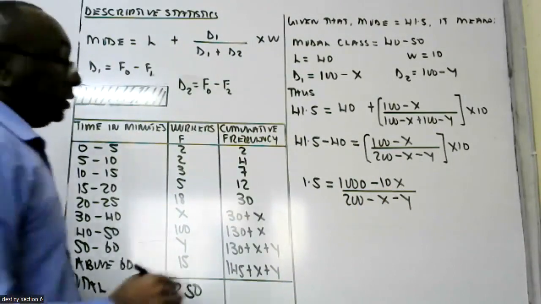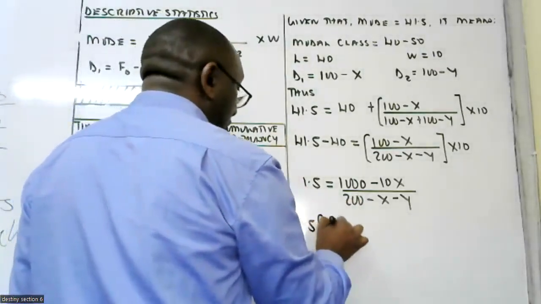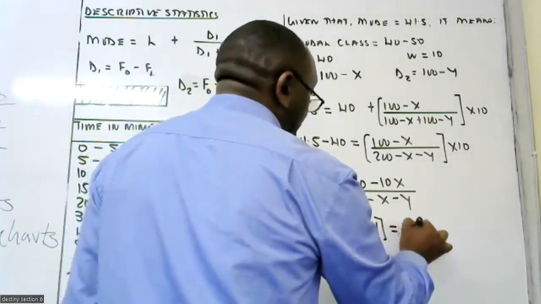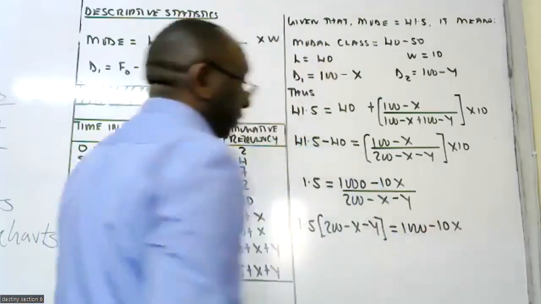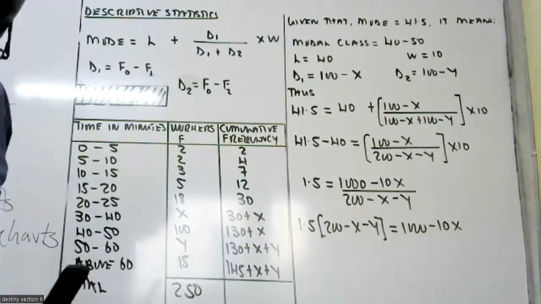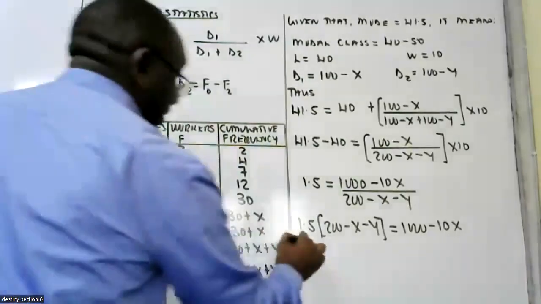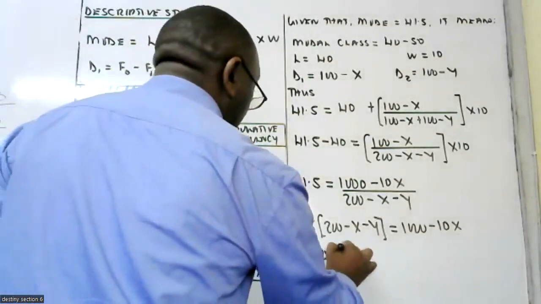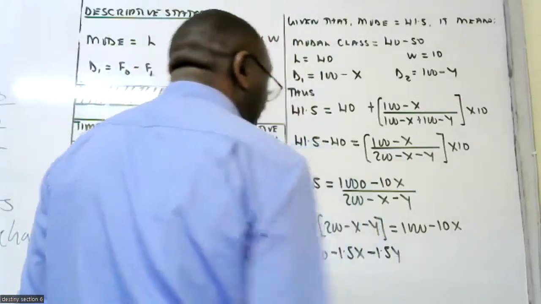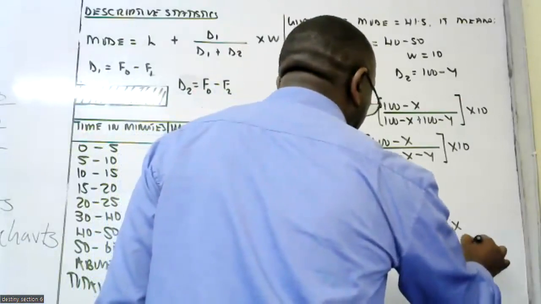Now I bring this across to get 1.5 times 200 minus x minus y equals 1,000 minus 10x. So 200 times 1.5 is 300 minus 1.5x minus 1.5y equals 1,000 minus 10x.